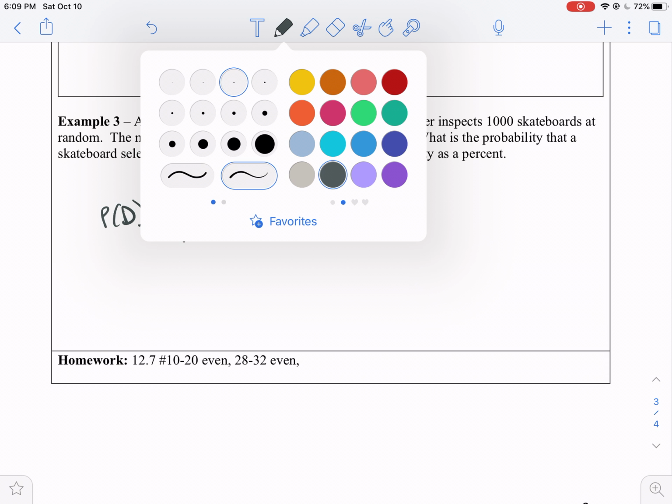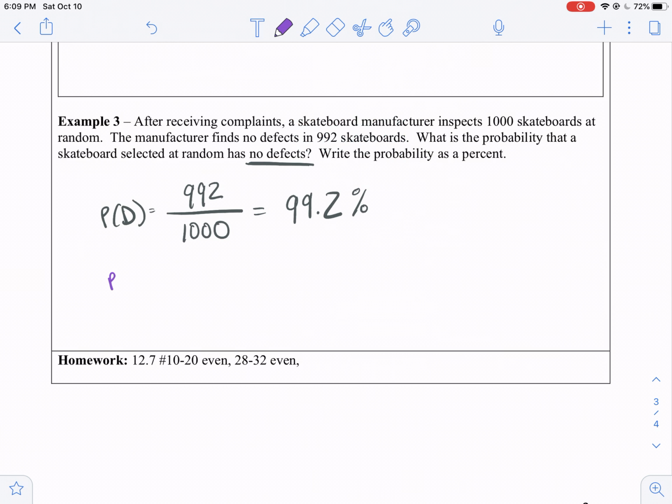Now let's calculate the complement. The probability of getting a defective one is simply going to be 100% minus 99.2%, which is 0.8%, which is not a lot, but probably higher than you would want as a skateboard manufacturer.